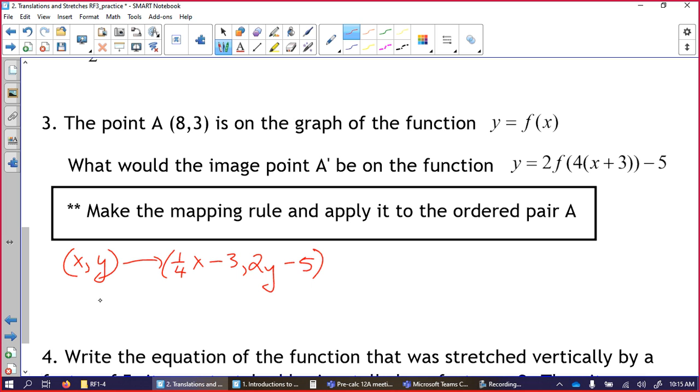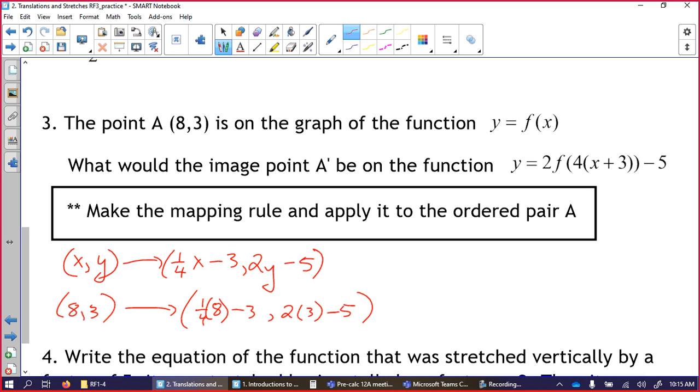So the first thing is write a mapping rule. The second thing is, if I have (8, 3), it goes to, and I'm going to do this out in a couple of steps just to make sure we see what happens. The x value is 8, so I'm going to take a quarter of 8 and subtract 3. The y value is 2 times 3 minus 5.